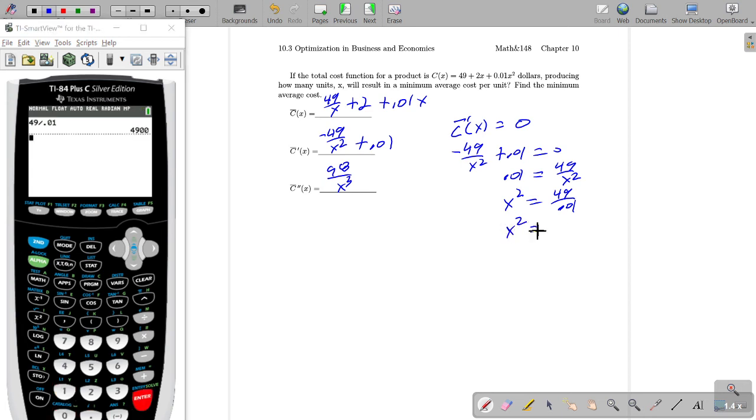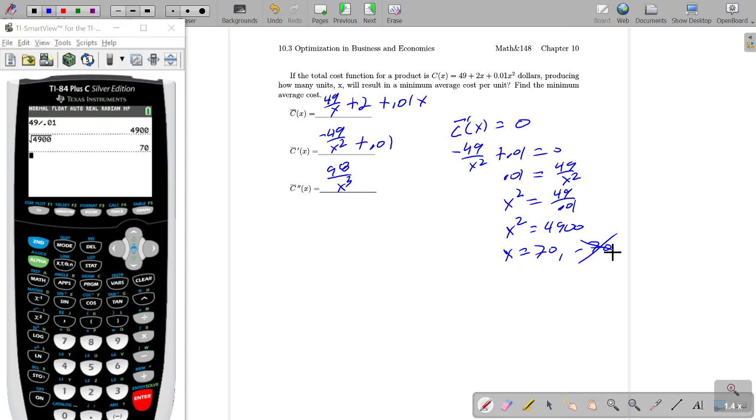So x squared equals 4900. Take the square root of that, and you're going to get x equals 70 or negative 70. And of course, the negative 70 isn't going to make any sense. You don't produce negative units.